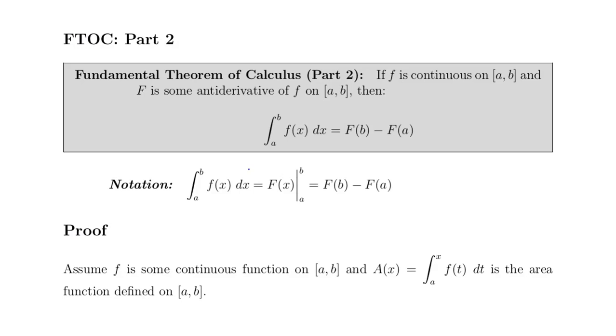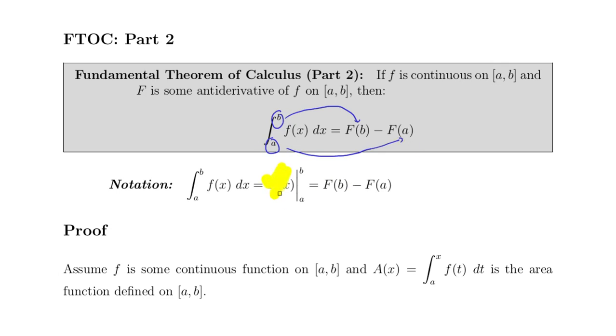If your function is continuous on this interval, and you know an antiderivative of that function on that interval, then the definite integral from a to b of f of x dx, the area under the curve, or the net area under the curve, from x equals a to x equals b, is just that antiderivative function evaluated at b minus the antiderivative function evaluated at a.